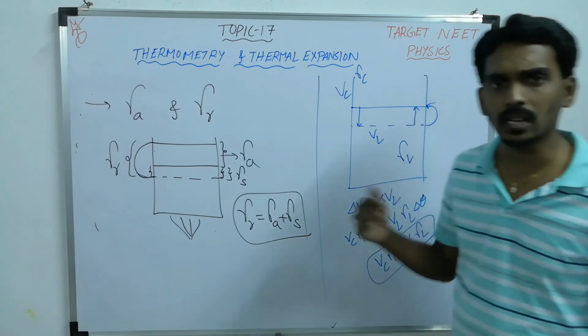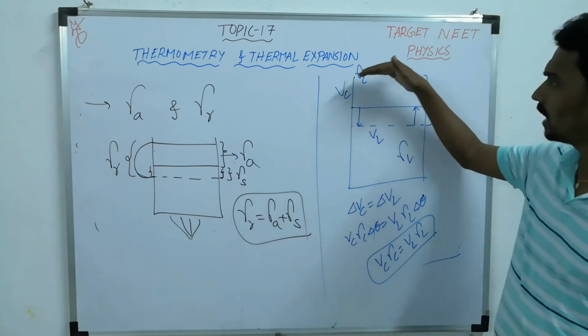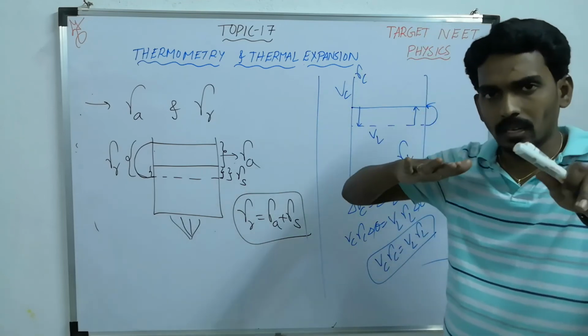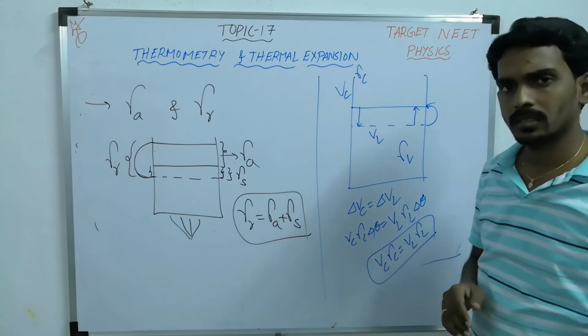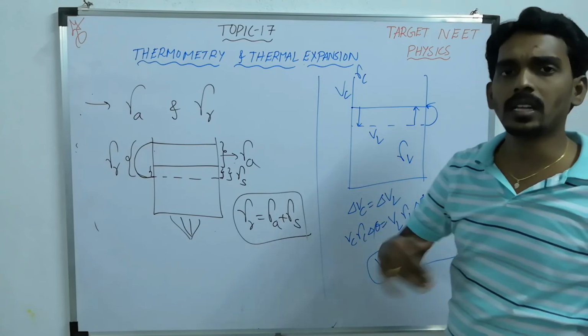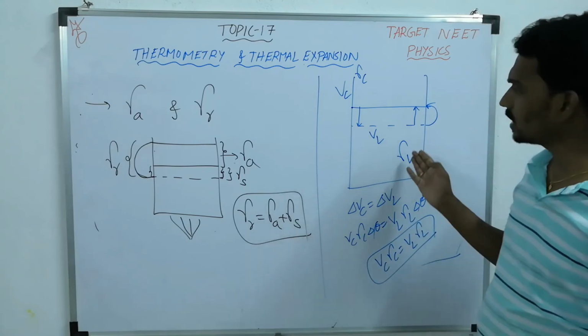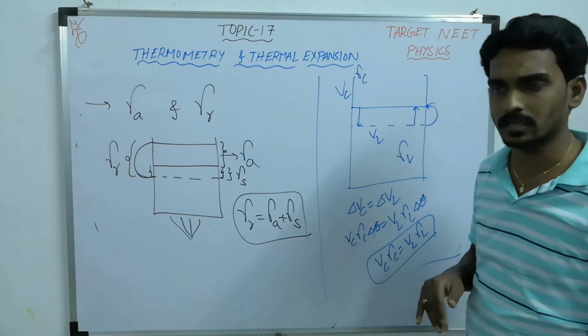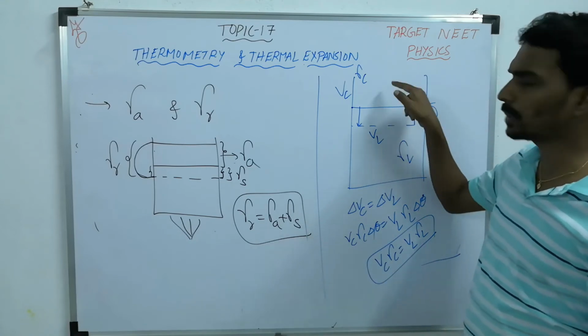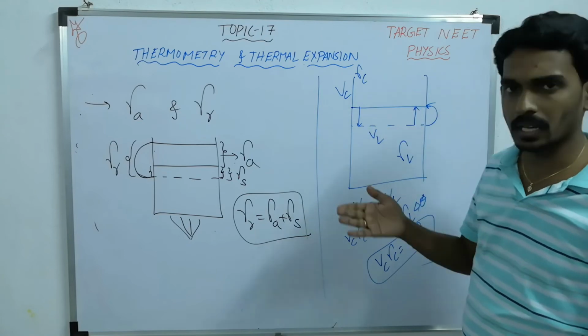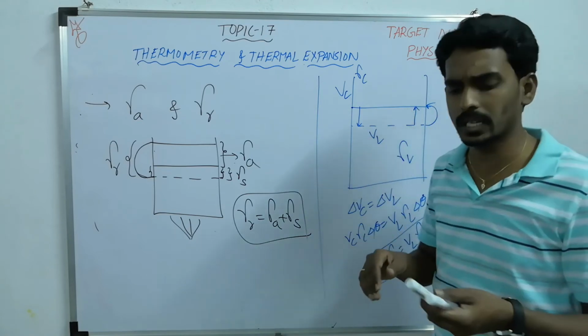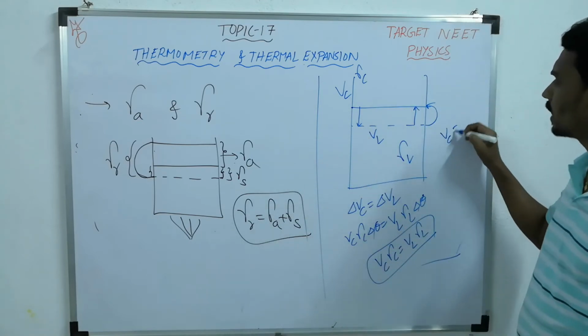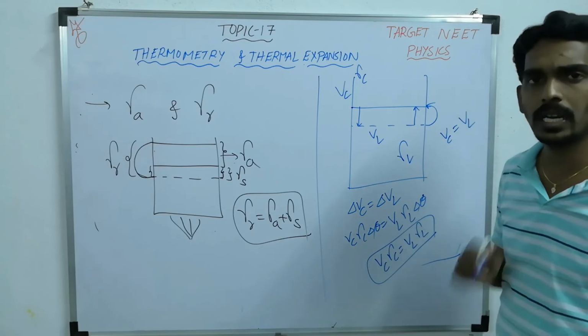But sometimes they can also ask a question like, if the liquid is filled completely, under what condition is there no overflow? What is the difference between this case and that case? Here the liquid is not completely filled, but in the other case the liquid is filled completely. That means the volume of container equals the volume of liquid.